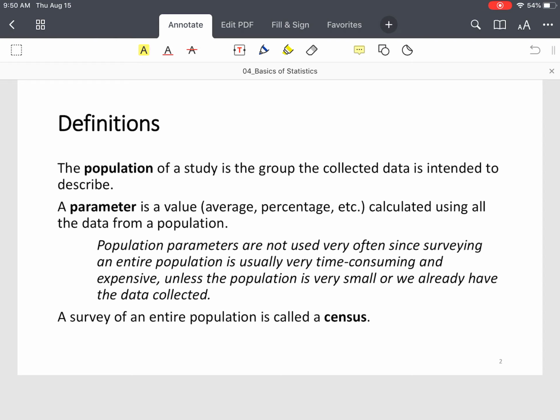All right, in most cases, it's not economical to study an entire population. When you do something like that, that's called a census. When you study the entire population, it's called a census. All right, but again, in most cases, we won't study an entire population.